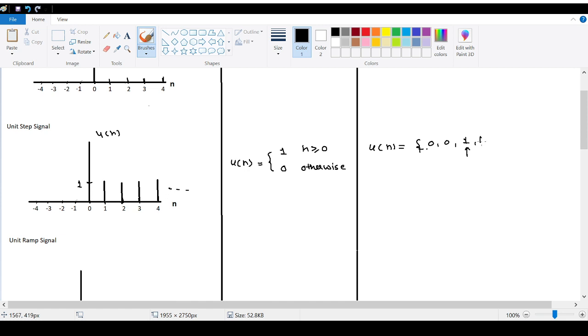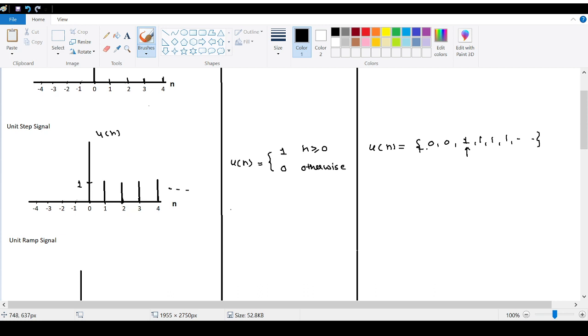Then it has again 1, again 1, again 1, and so on for the various values of n. So this is about the sequence representation of u of n. For n greater than or equal to 0, it has the amplitude 1.